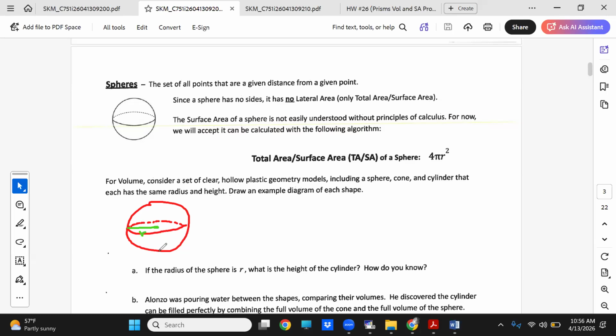That's R, and of course that's the height. For a cylinder, we'll do something similar.